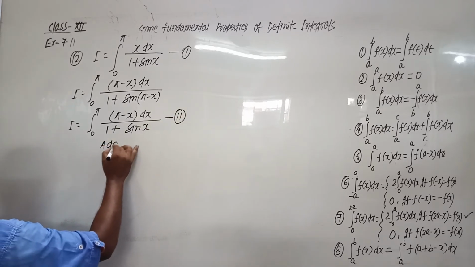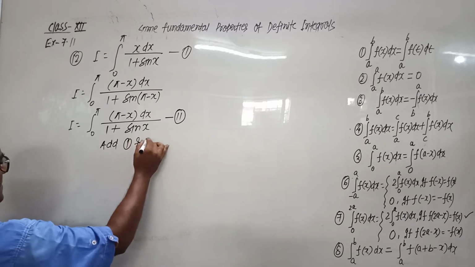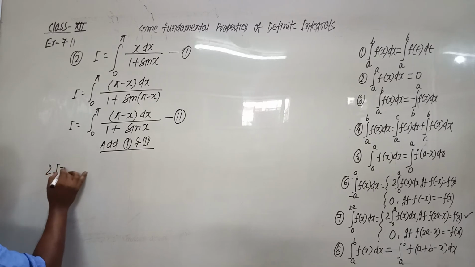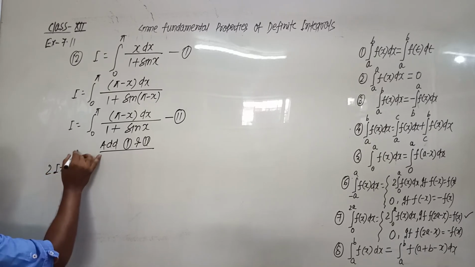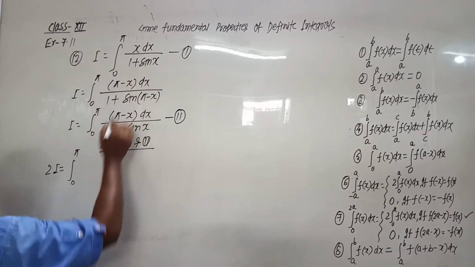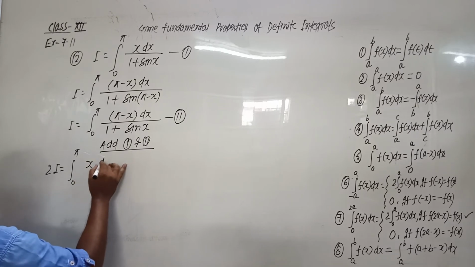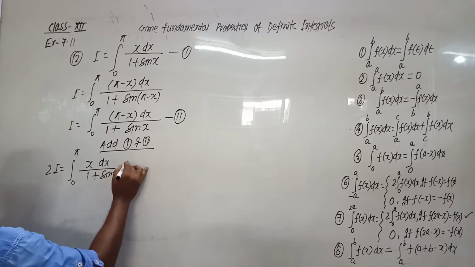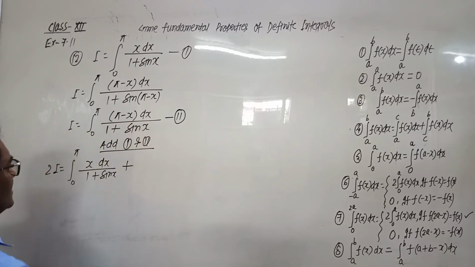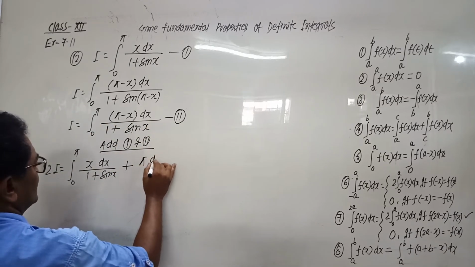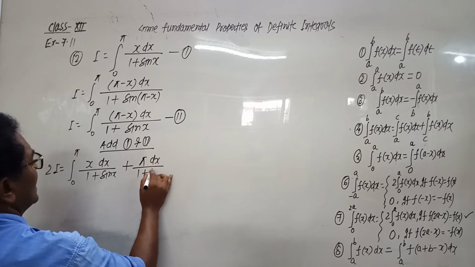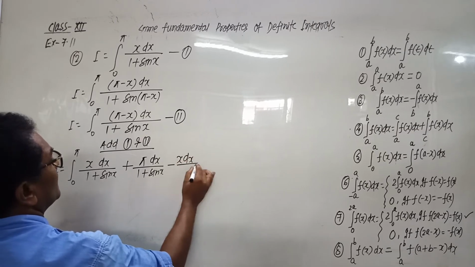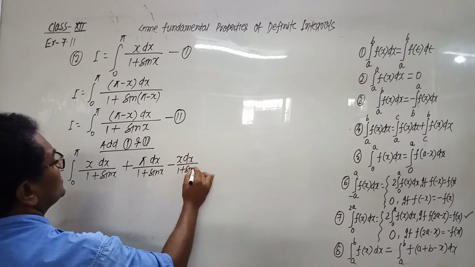Add first and second. Adding first and second, we get 2I equals the integral from 0 to pi of the first equation, x dx upon 1 plus sin x, plus, removing the bracket, pi dx upon 1 plus sin x minus x dx upon 1 plus sin x.